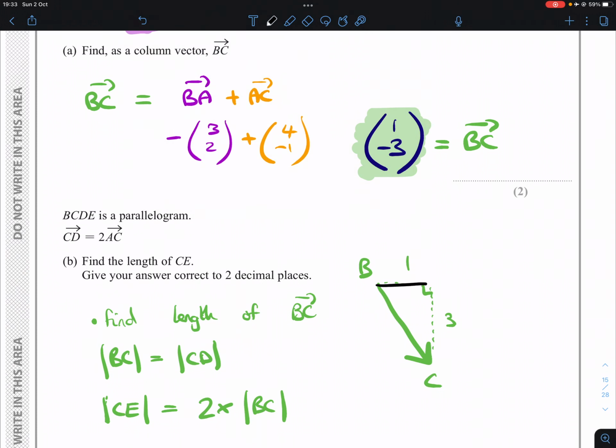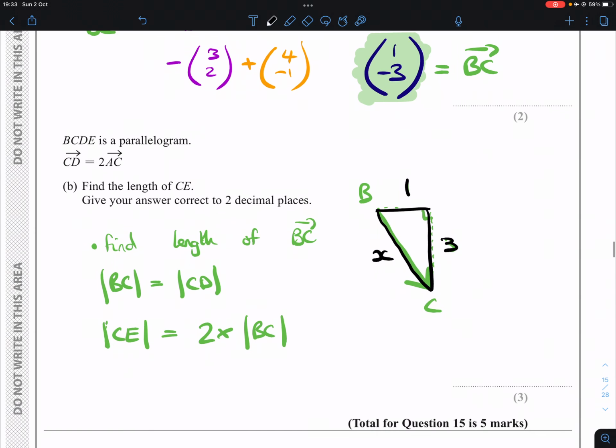And within this right angle triangle of width 1 and height 3, you are trying to find the length of the hypotenuse, which means we have a classic Pythagoras question here. So the length of our hypotenuse is going to be the square of each of the other lengths added together, which gives us x squared is 10, which makes x the square root of 10.